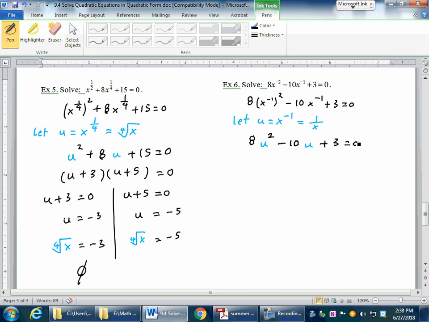So factoring this out, this gives me 8 and then 3, so I want 4u and 2u, and then minus 3.